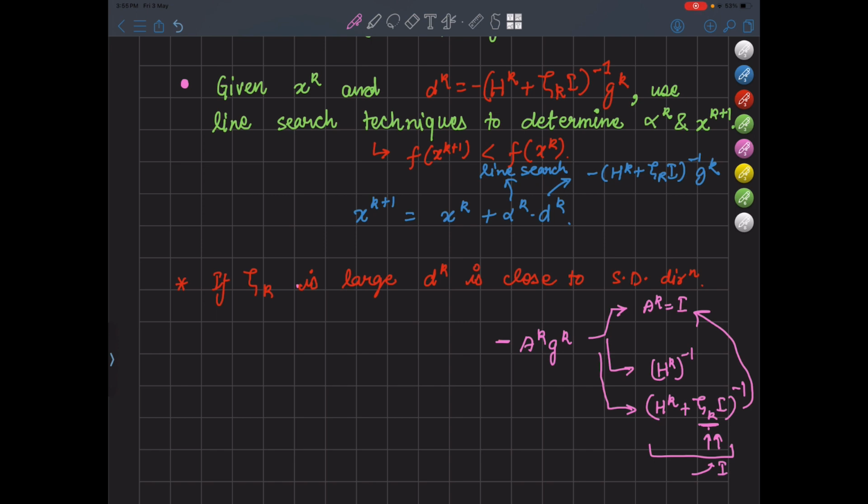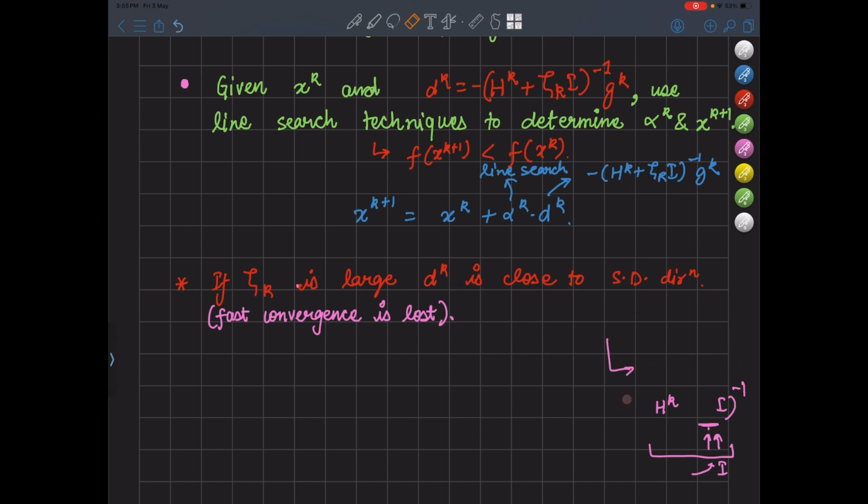So if xi k is large, dk is close to steepest descent direction, and the fast convergence is lost. But it ensures convergence, so that's the benefit.